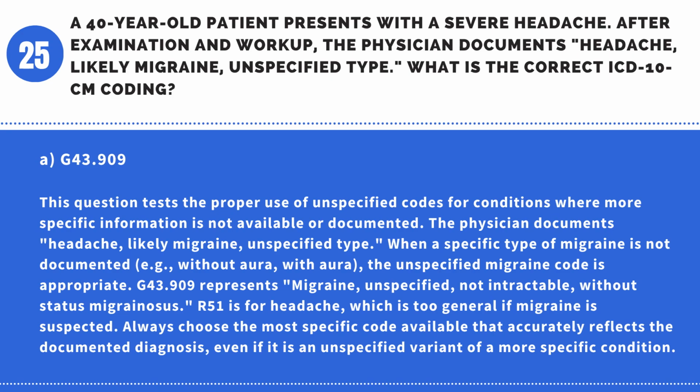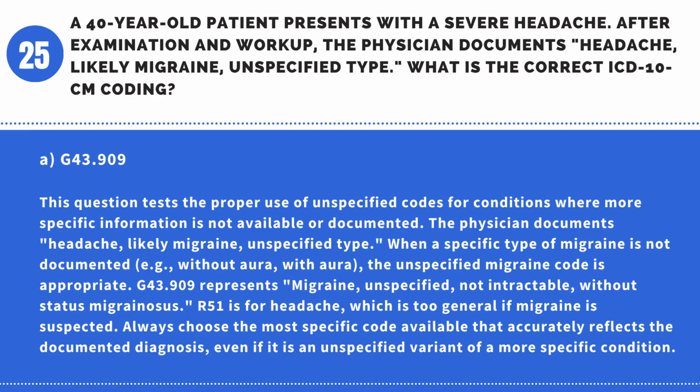G43.909. This question tests the proper use of unspecified codes for conditions where more specific information is not available or documented. The physician documents headache, likely migraine, unspecified type. When a specific type of migraine is not documented, as without aura or with aura, the unspecified migraine code is appropriate.